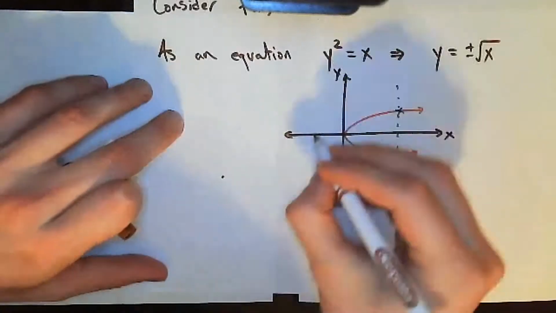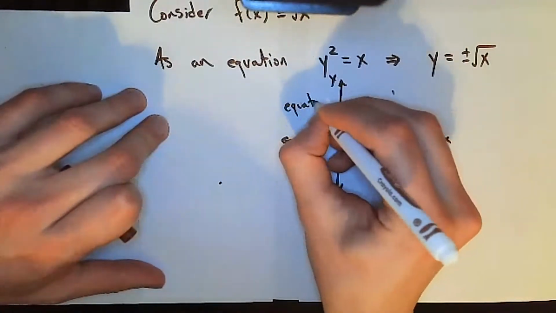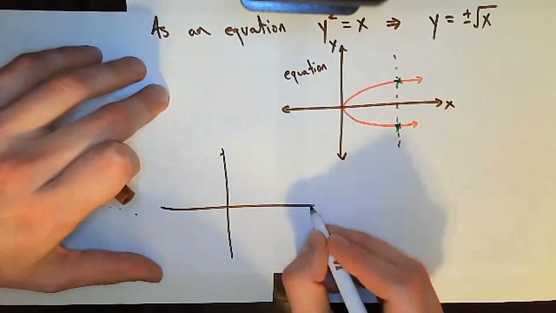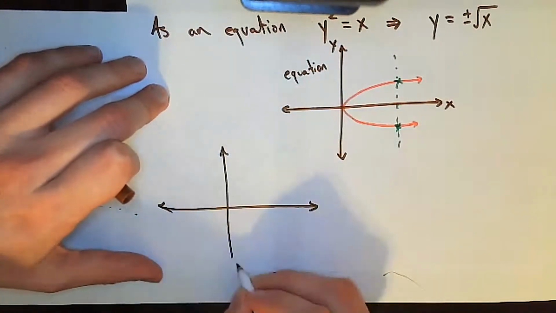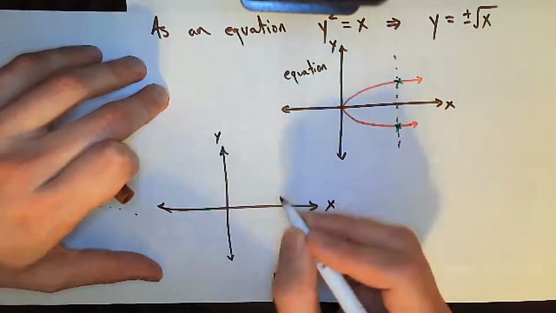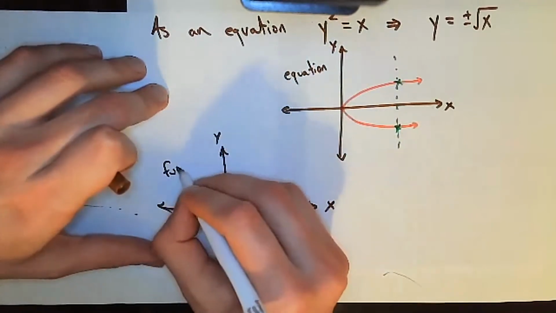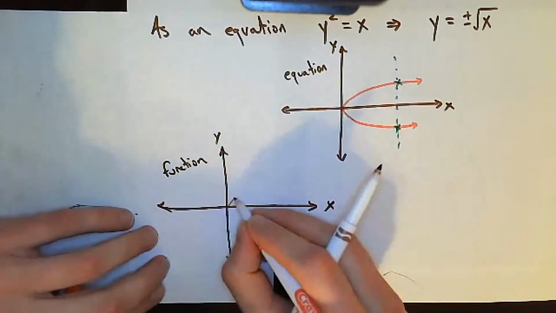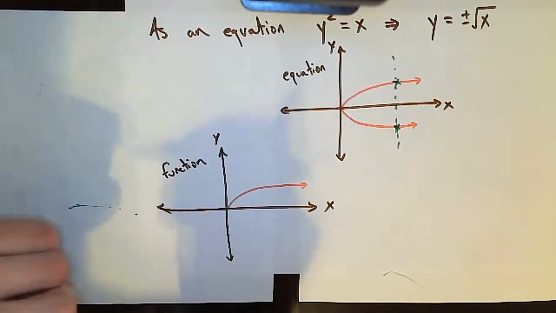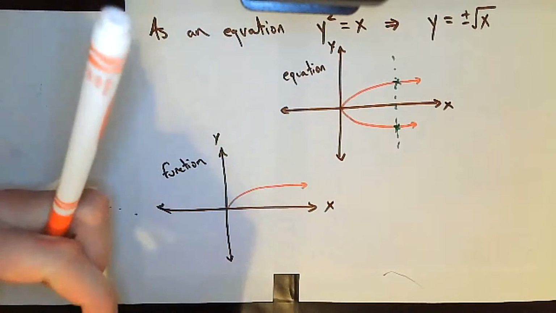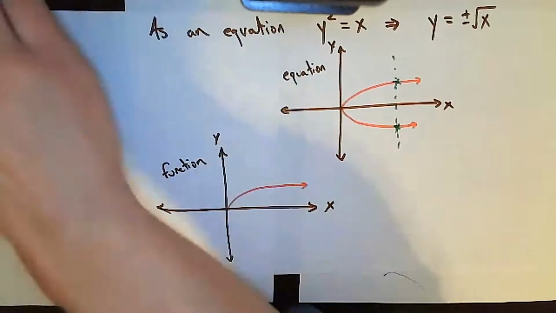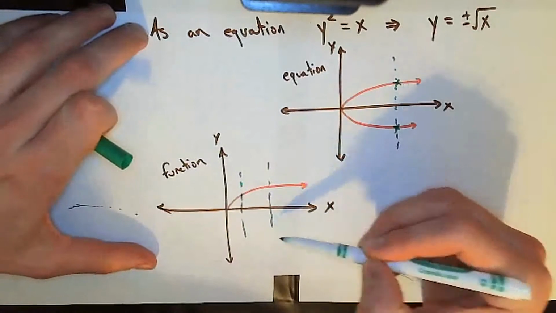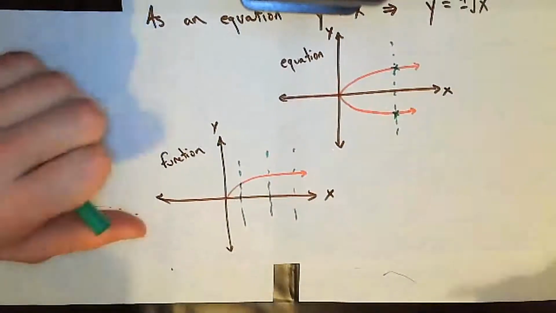We all agree that, so this is equation form, to make a function out of it, we'll only take that positive side, so that it does pass the vertical line test, because now I can pass a vertical line anywhere through this function, and it's only going to hit one part of the curve.